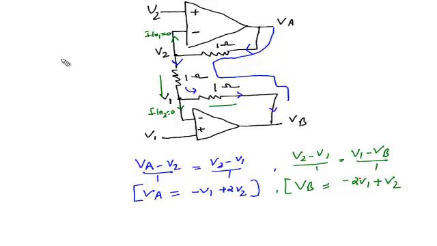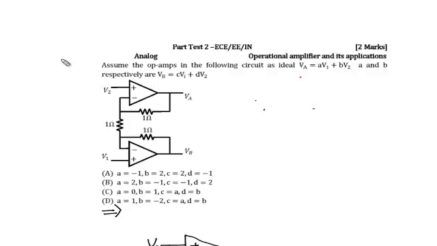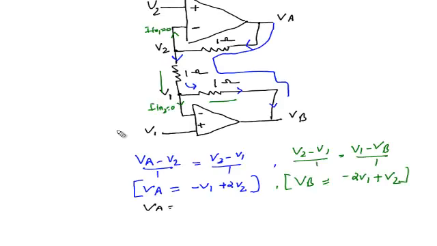Now if I compare these equations to the equations given in the question, where VA is equal to AV1 plus BV2 and VB is given as CV1 plus DV2, I can write the same equations here: VA is AV1 plus BV2 and VB is CV1 plus DV2. Comparing these two sets of equations, small a is equal to minus 1, small b is equal to 2, small c is equal to minus 2, and small d is equal to 1.